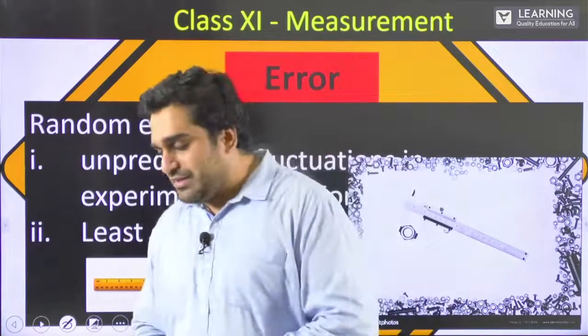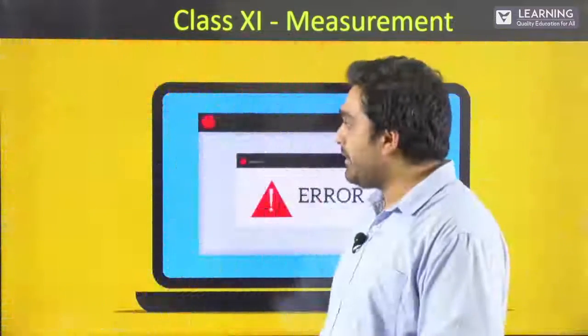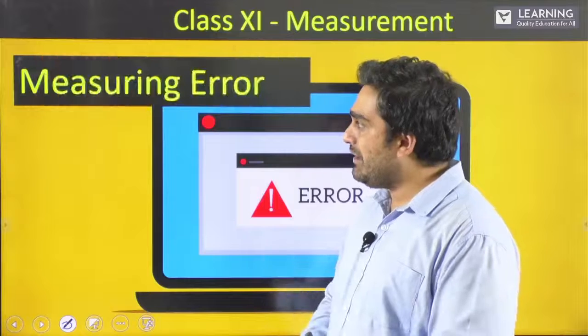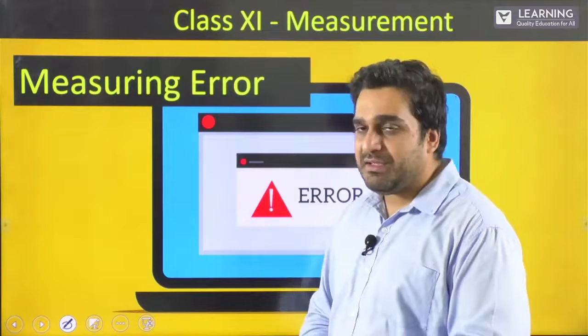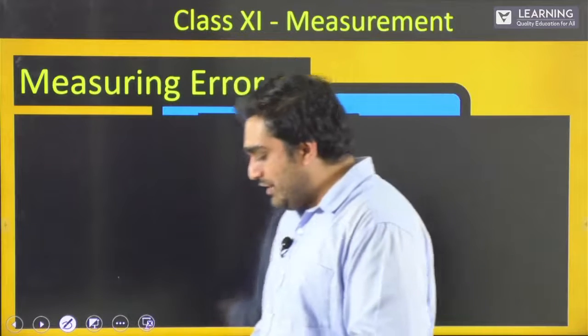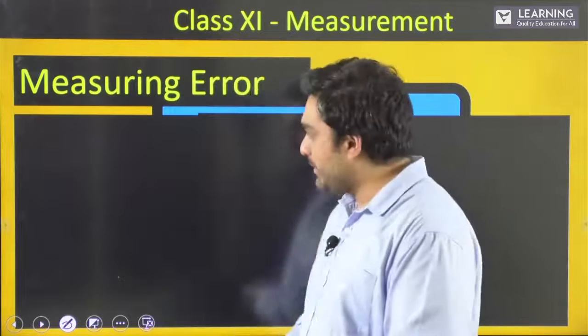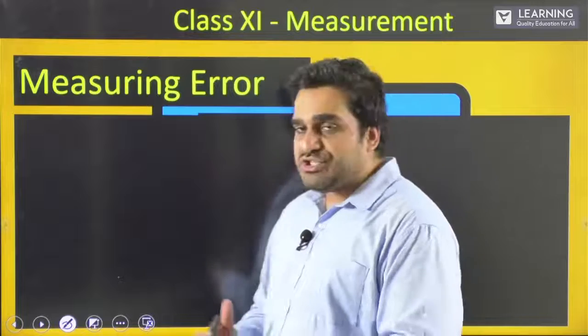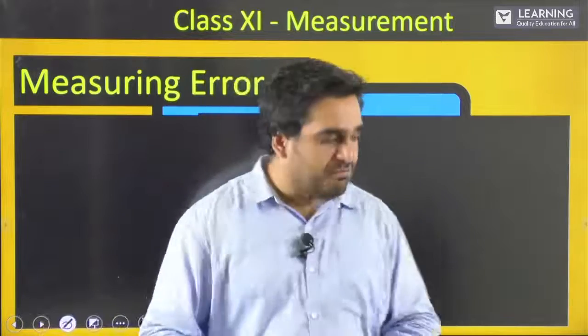Now, if any such errors occur, how do we calculate them? So, what is a method of measuring an error? Let's take an example here. Let's say you're making a measurement of a given object, a box.